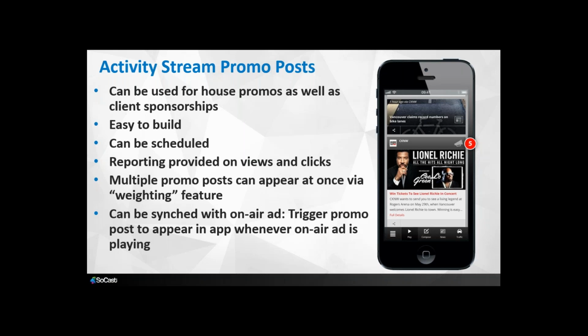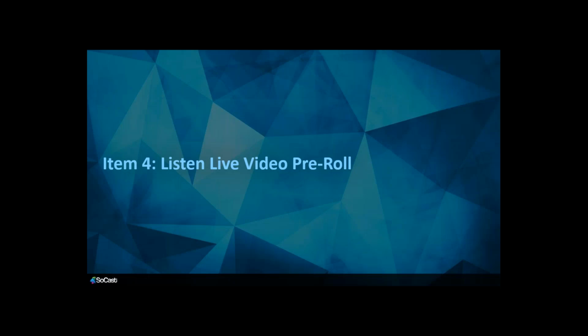And one other great feature about this is that these visual ads can be synchronized with an on-air ad being heard through the stream. The visual ad can be triggered to appear whenever that on-air ad is appearing. So this is a great way to upsell your advertising partners and to gain even more share of wallet.